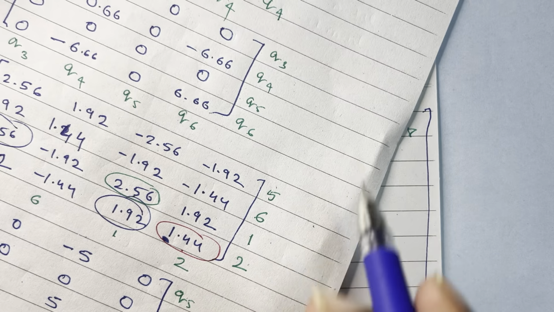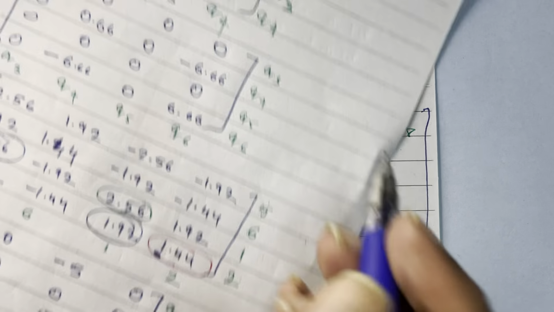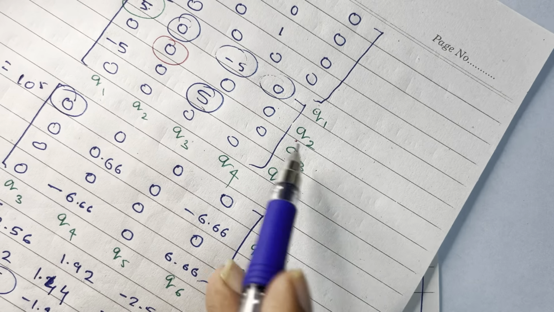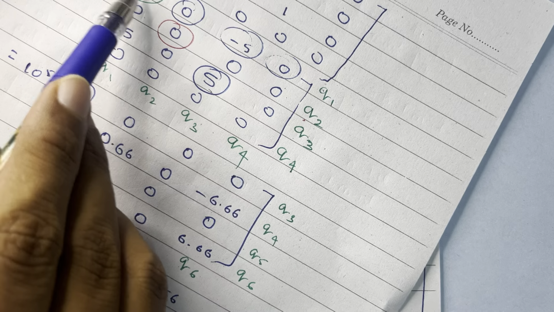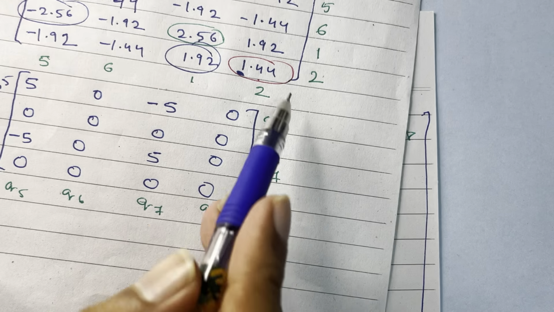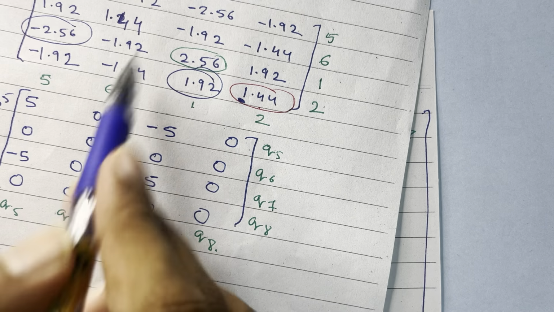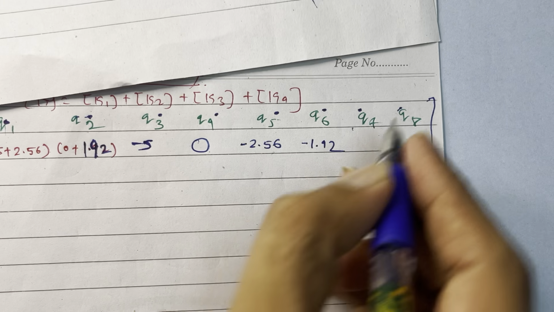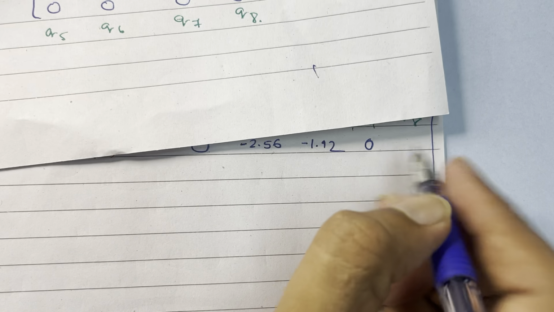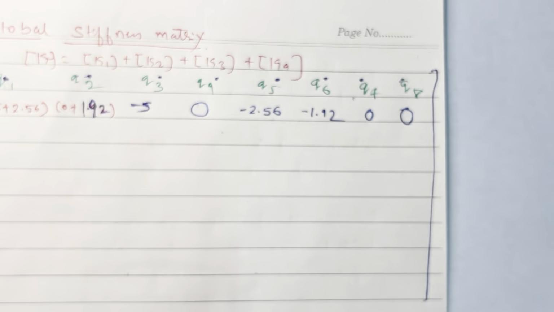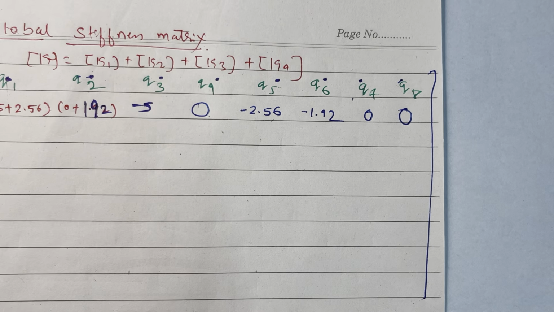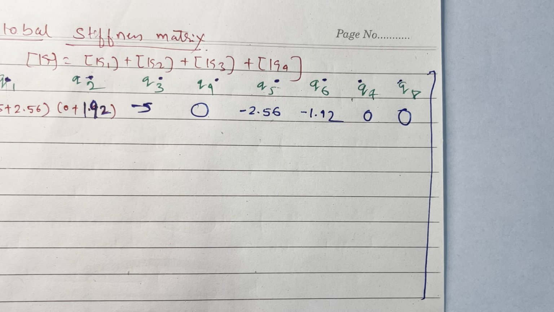Similarly, Q1 row, Q7, here only in two places we have Q1. If you consider this Q1, we don't have any Q7. If you consider this Q1, again we don't have any Q7, so that is 0. Okay, so this is also 0 because we don't have any Q8 values. So based on that, we have to write the remaining values.